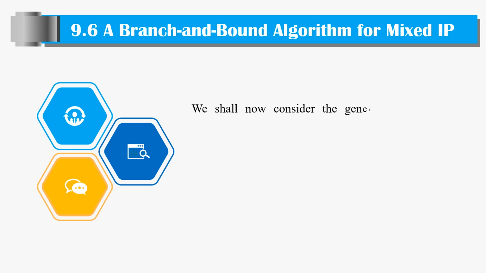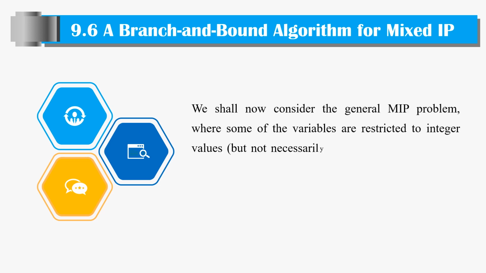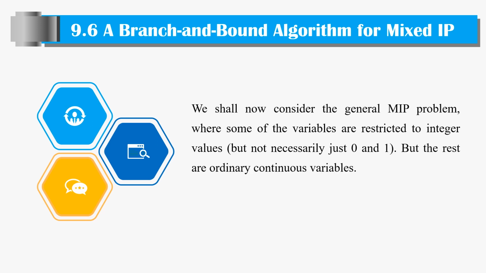We should now consider the general MIP problem where some of the variables are restricted to integer values, not necessarily just 0 or 1, but generally integer values, while the rest are ordinary continuous.